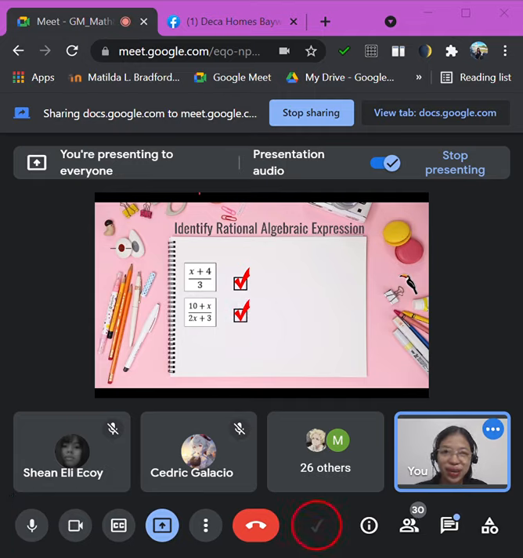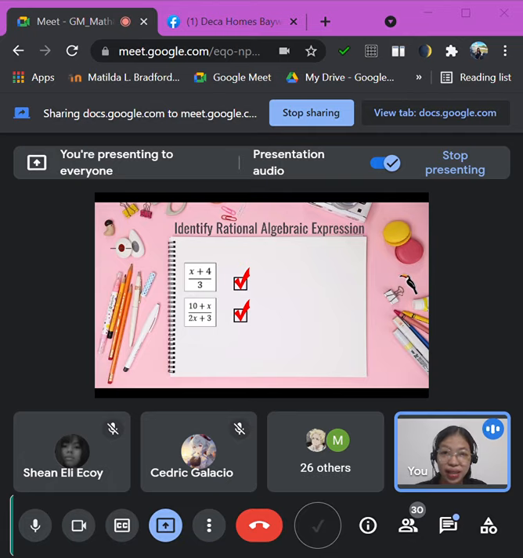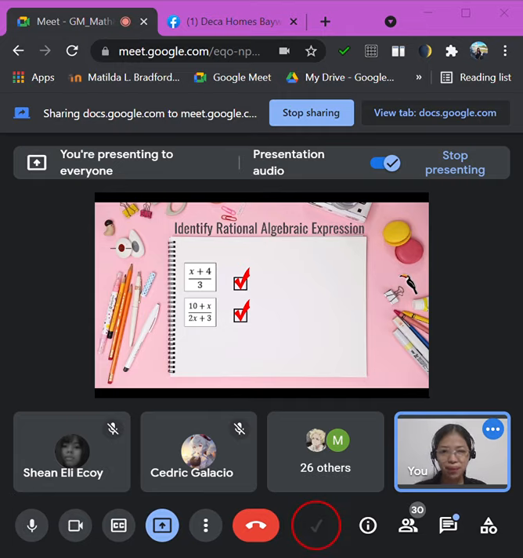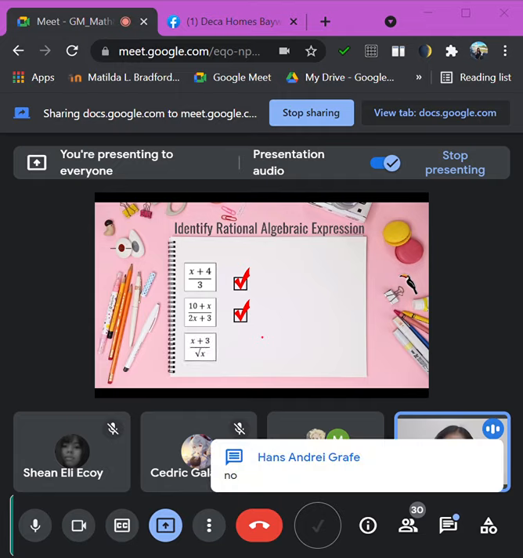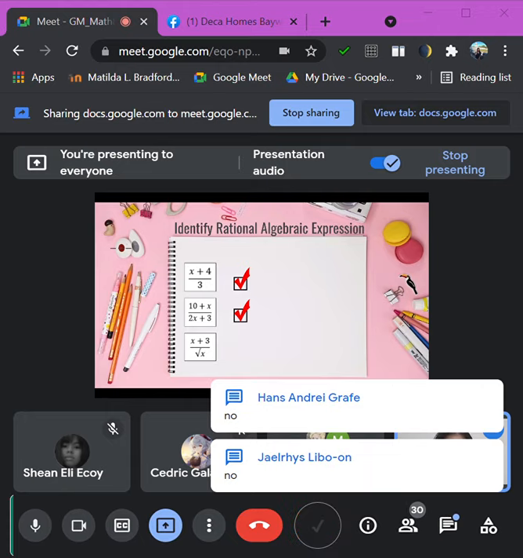So that is a rational algebraic expression. Nga naman, teacher, because wala man tayo nakita diha nga dili polynomial, di ba? Ang polynomial man to atong basihan. How about this one? Oops, nakita na. X plus 3 over square root of x.